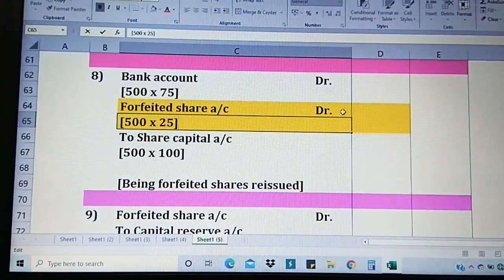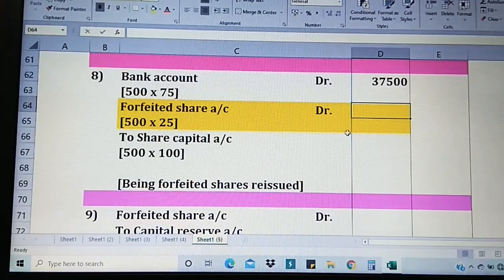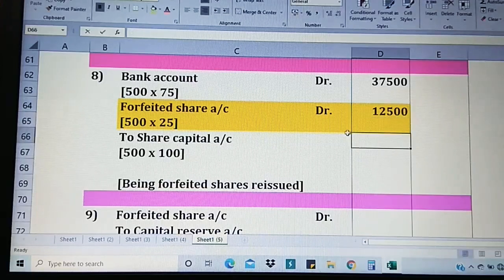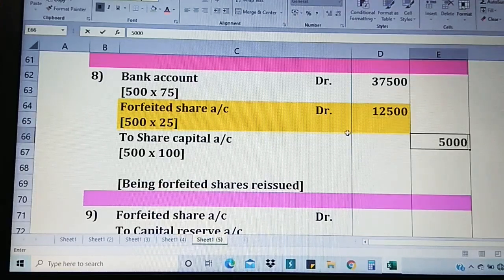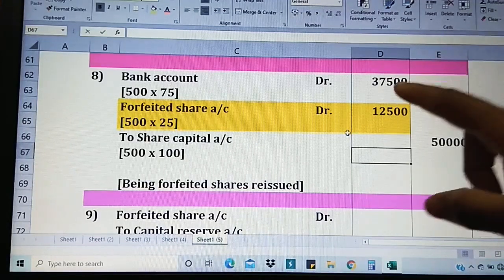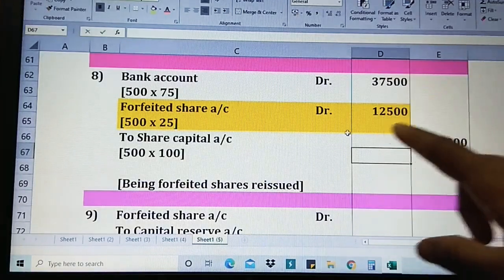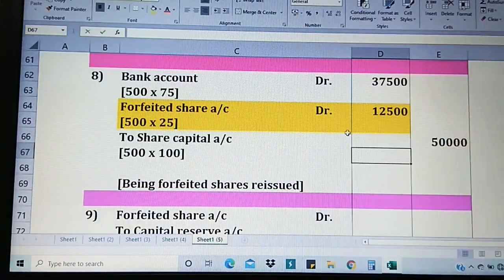So on the reissue we receive 37,500. So what is not received on that? 12,500. So the total of this is 37,500 plus 12,500, which is equal to 50,000.